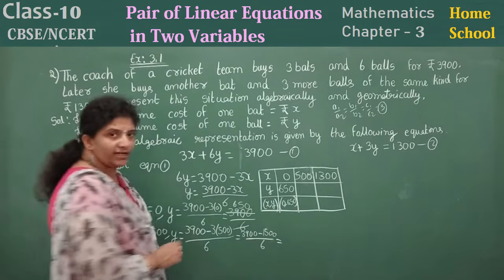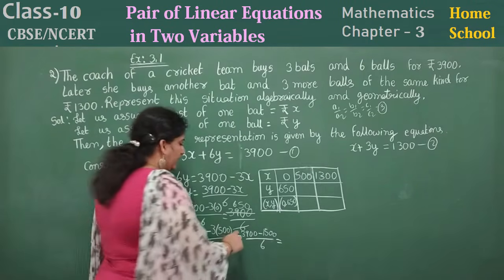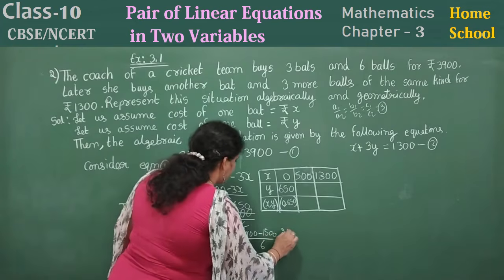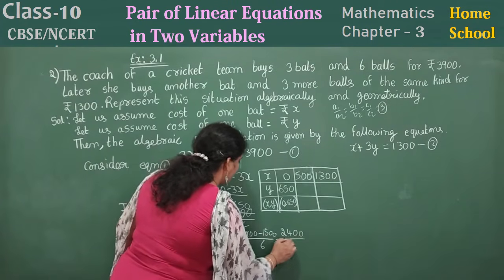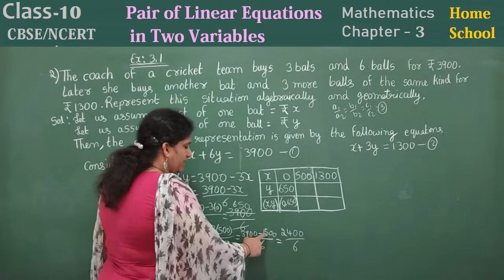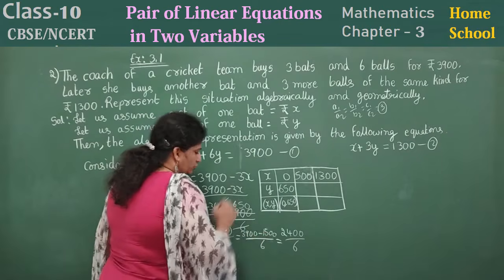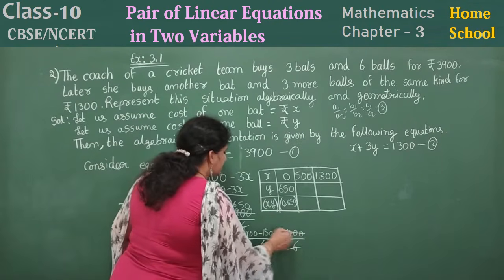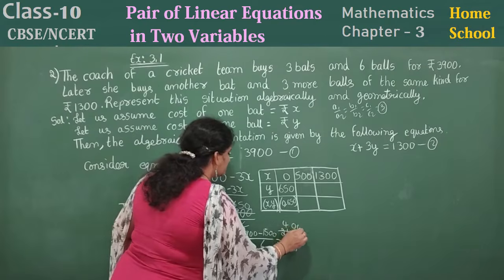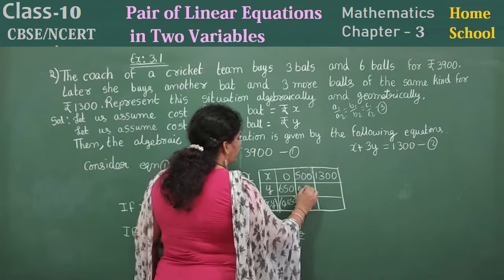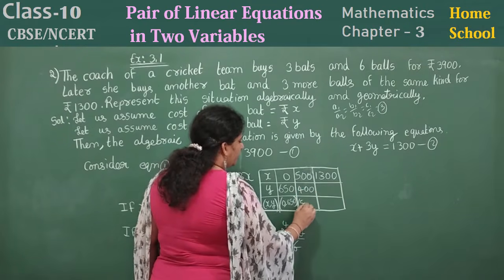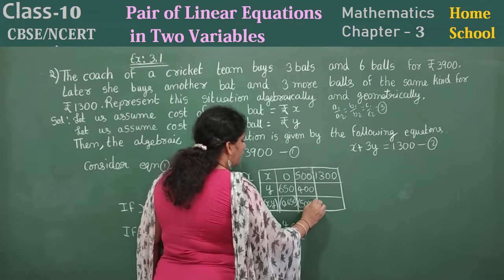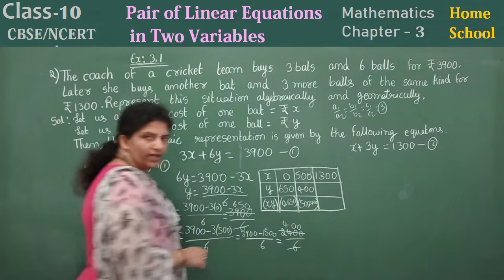So it will be 2,400 by 6. Let us see, 9 minus 5, 4, 3 minus 1, 2. Now, 6 fours are 24, so it will be 400. Your coordinate is 500, 400.